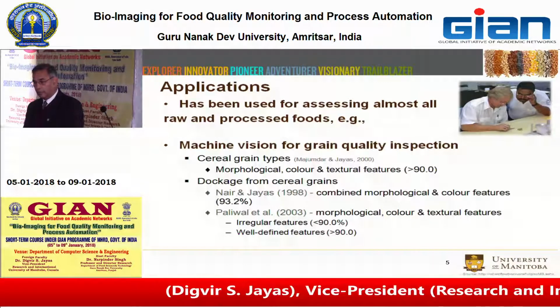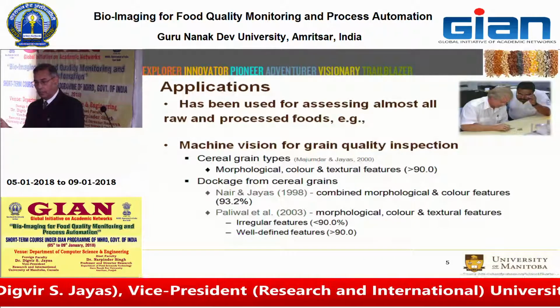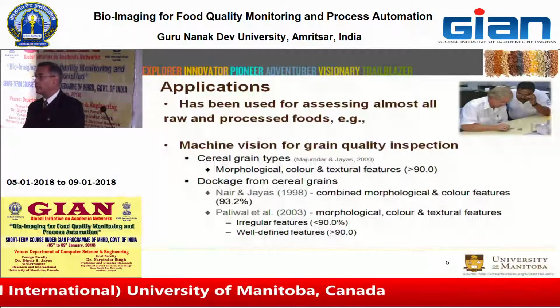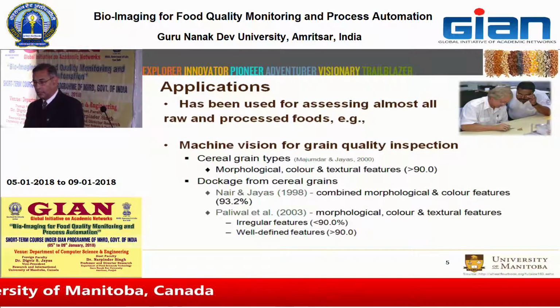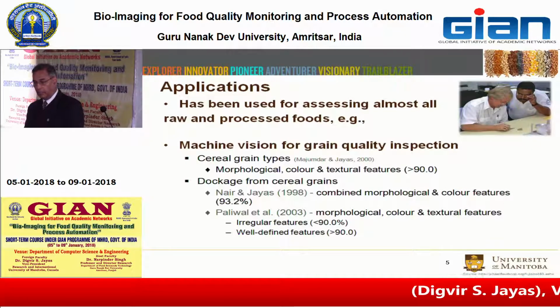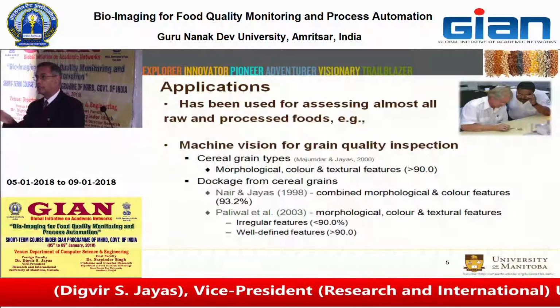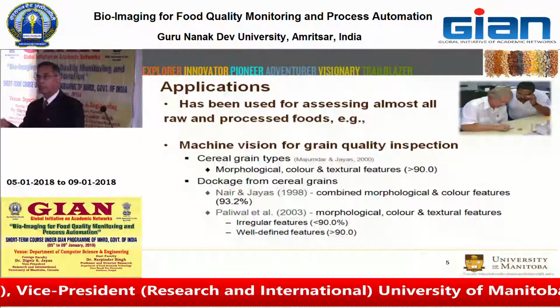In the case of Nair, who was a master's student, he used the morphological and color features to identify dockage components. And Paliwal, who did a PhD with me a little later, used the morphological, color, and textural features to identify dockage components.